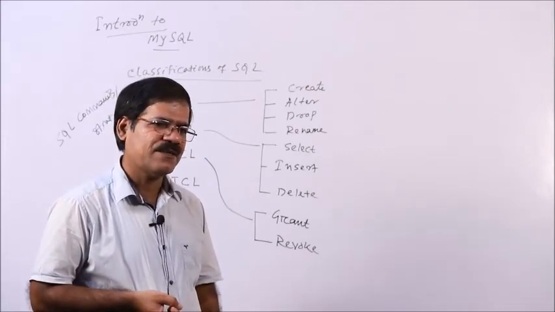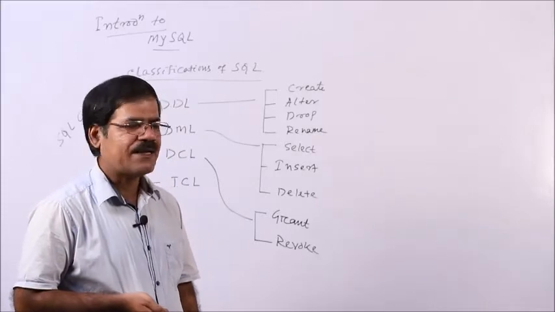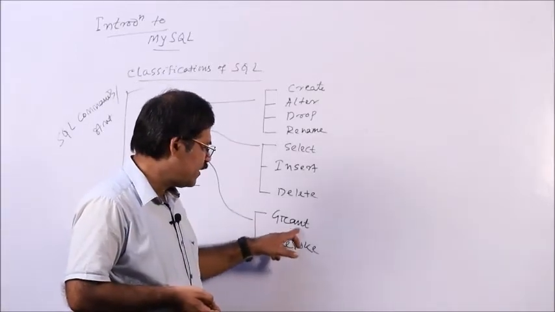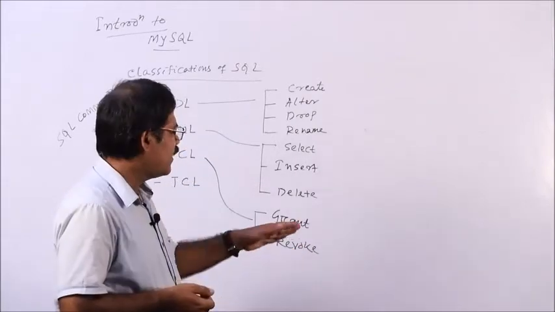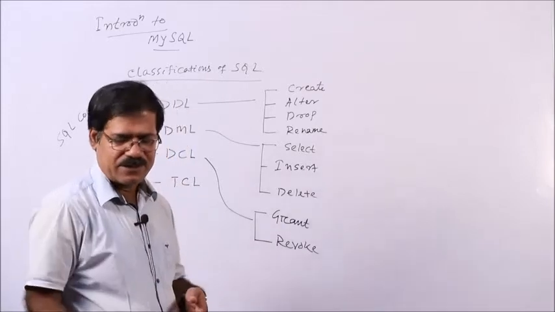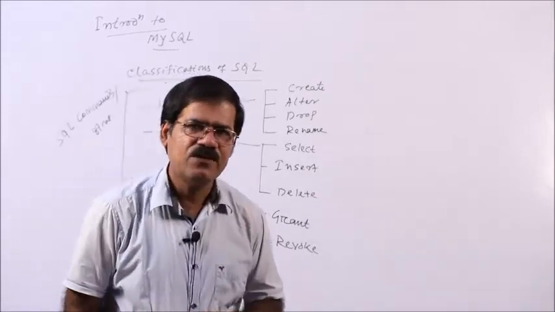The database administrator provides the permission, and that is called grant permission. Revoke means the permissions already granted will be withdrawn.